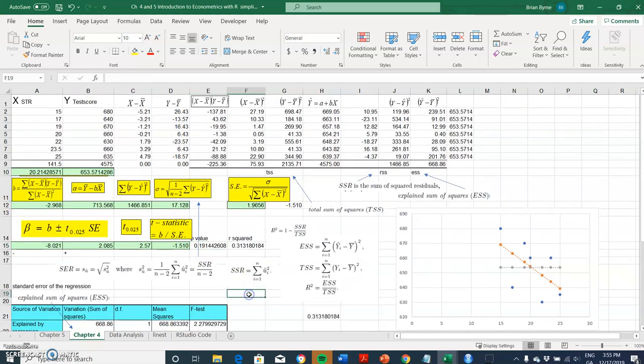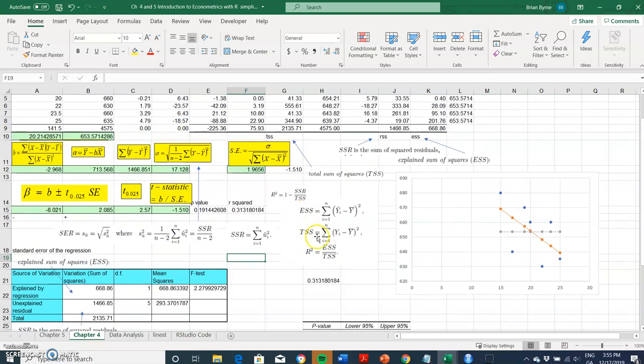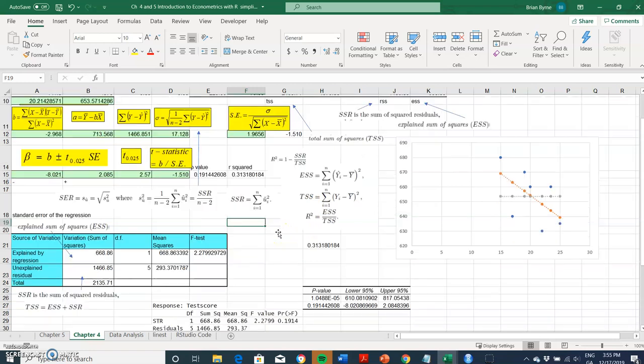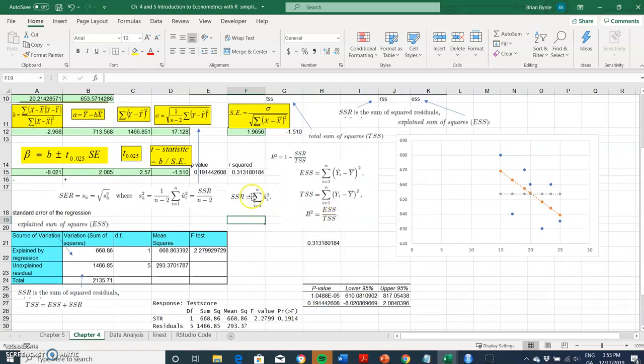estimation here. So overall, what this offers is a way of demonstrating how to estimate the intercepts, the coefficient on the student-teacher ratio in our relationship. We were able to estimate the explained sum of the squares, the total sum of the squares, and the residual sum of the squares. We were able to estimate the R-squared, the standard error of the regression, the standard error associated with the coefficient on the student-teacher ratio.